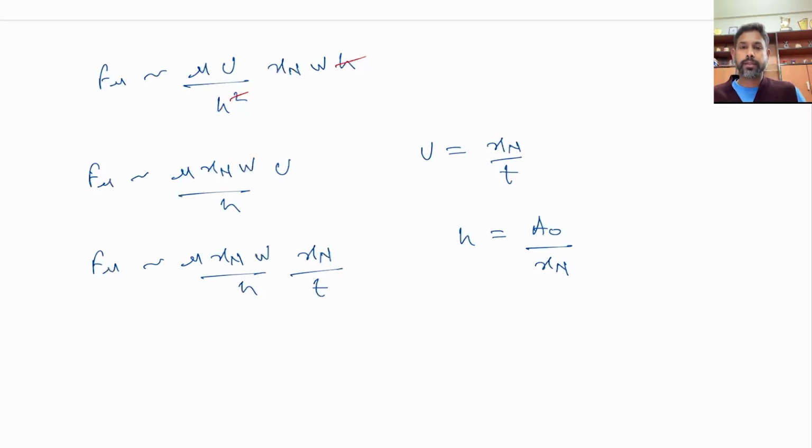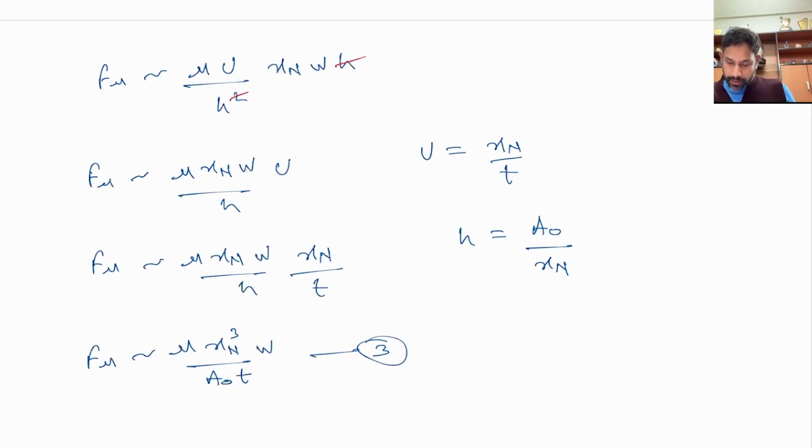These are two things that we have already used. So by converting this, we get F mu equal to mu xn cube over a naught t w. Okay, this is equation 3 we got.